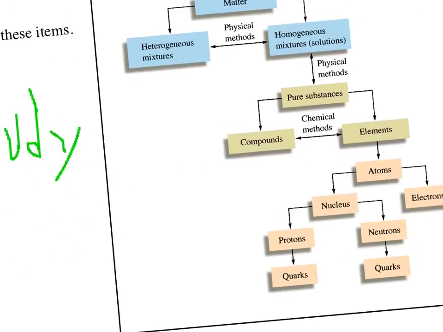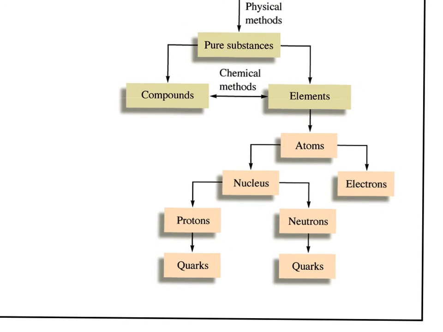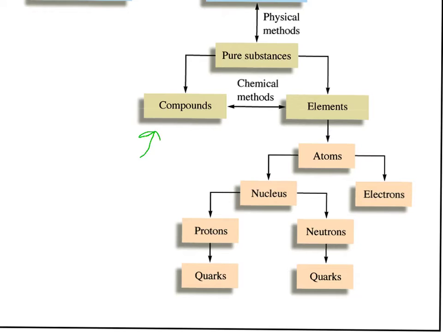So in looking at this chart, you see pure substances divided into compounds and into elements. Elements can also be divided into smaller things, which are made up by atoms or compounds or ions.